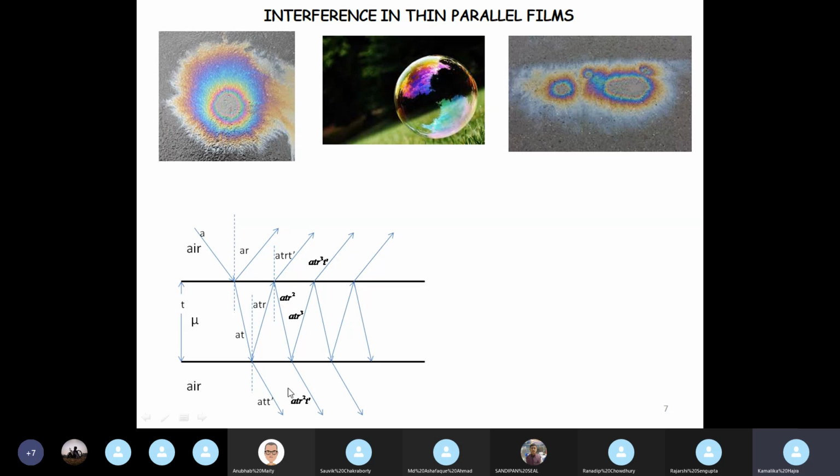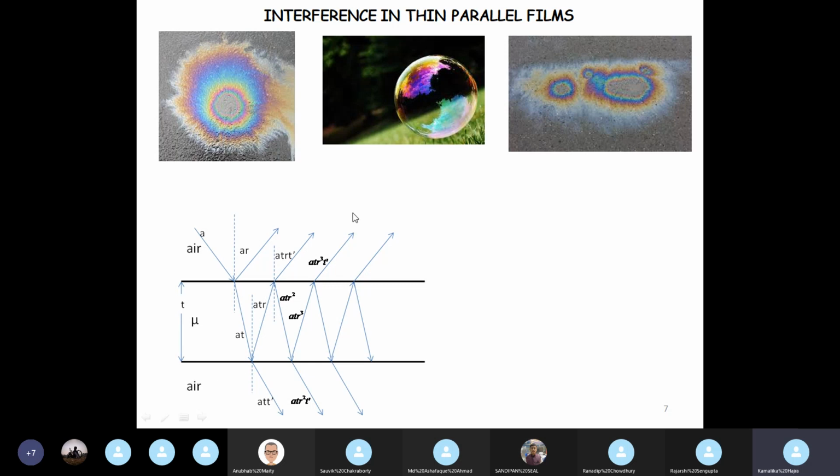So ATR, and the transmitted ray is ATT'. I have to differentiate between T and T' because going from 1 to 2 and from 2 to 1 gives different transmission coefficients.